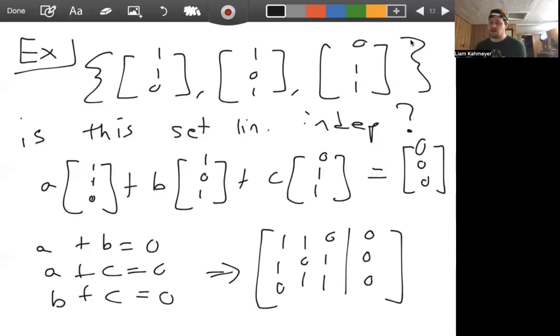Now we need to solve this system by putting this augmented matrix in reduced row echelon form. You could switch rows 2 and 3 to get the 1 in the second spot, or let's do row 2 equals row 1 minus row 2.